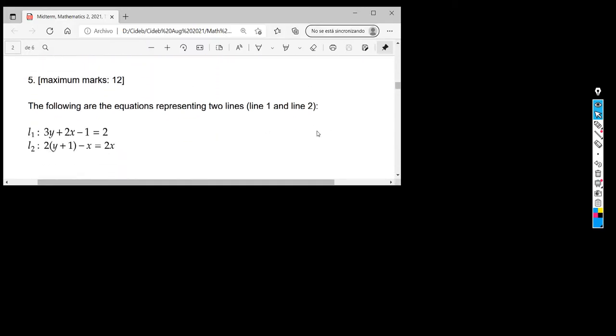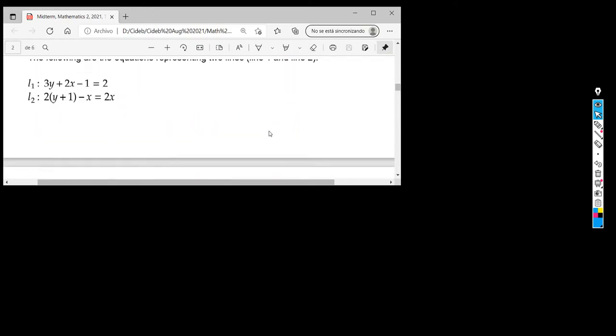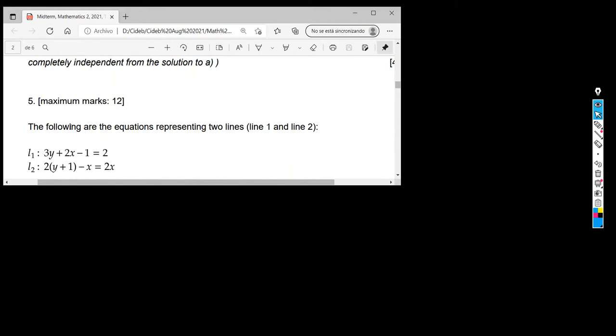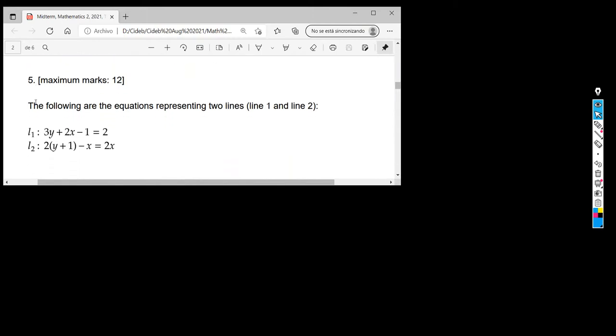Problem number 5. This is kind of similar to the previous problem. The following are the equations representing two lines, line 1, line 2, same remark that I gave you before: write a colon, not an equals sign.